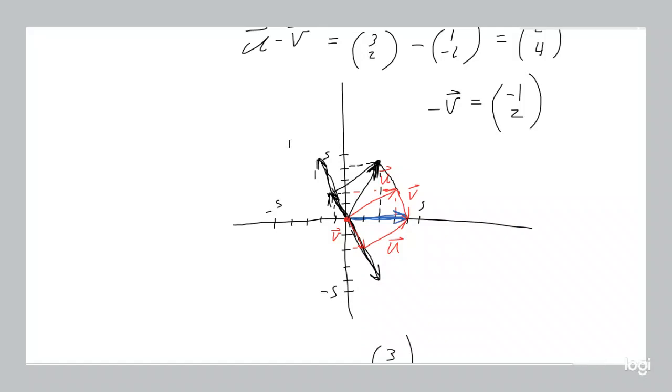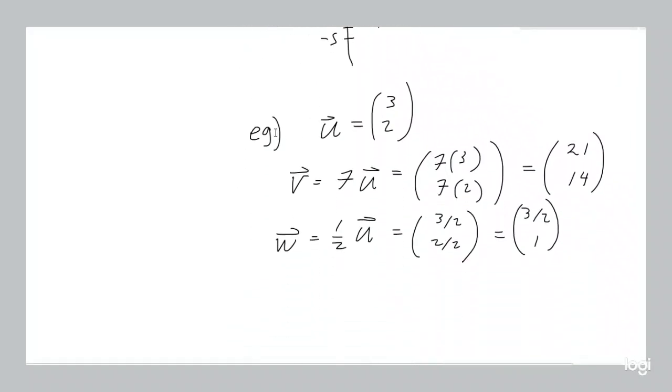So multiplying a vector by a constant or dividing the vector by a constant will change the magnitude, but it will not change the direction. And it will change the magnitude by a factor of exactly what that constant is.